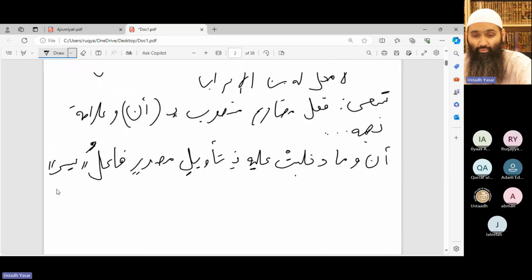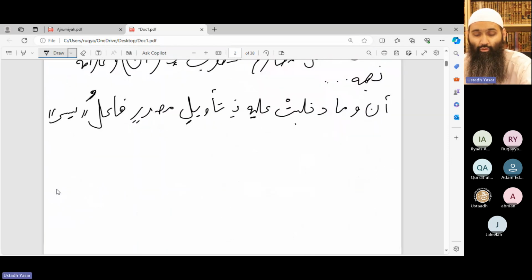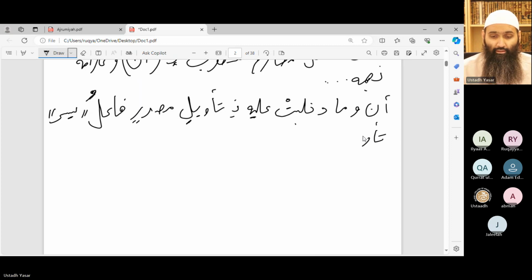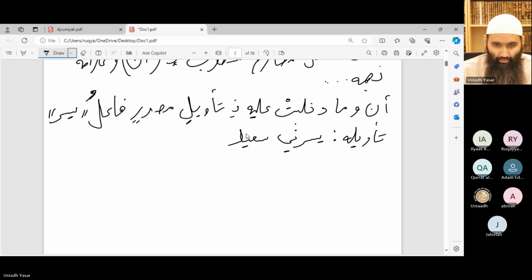So we said, therefore, an wa ma dakhalat alayhi fi ta'wili masdarin fa'ilu yasurru. Yes. So what is the ta'wil of it then? What is the interpretation of it? Look, ta'wiluhu yasurruni sa'yuka ila al-majdi.